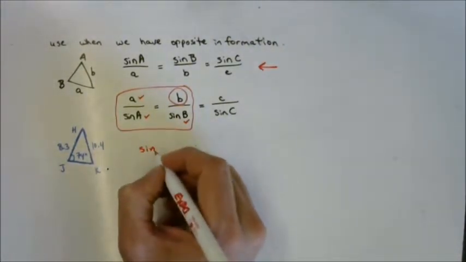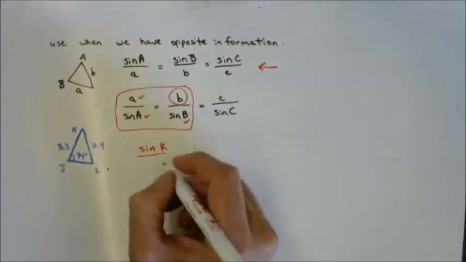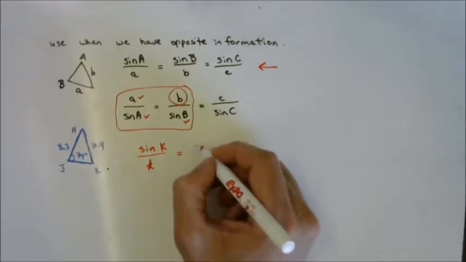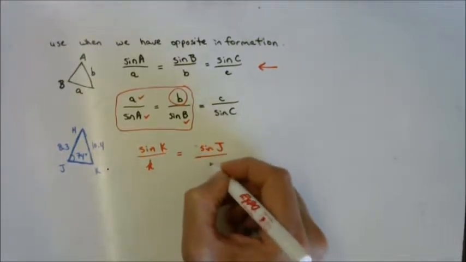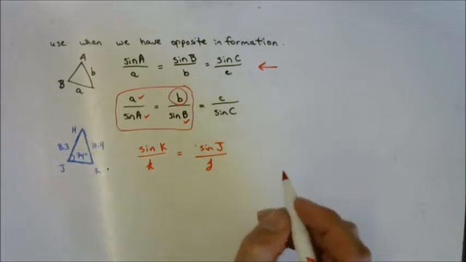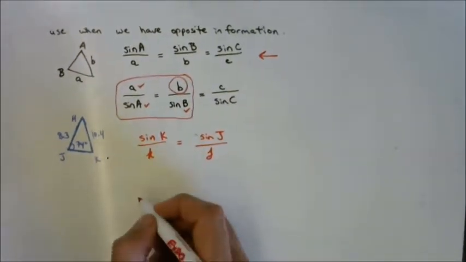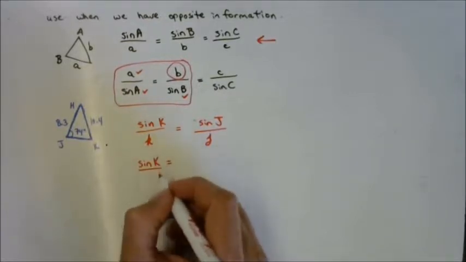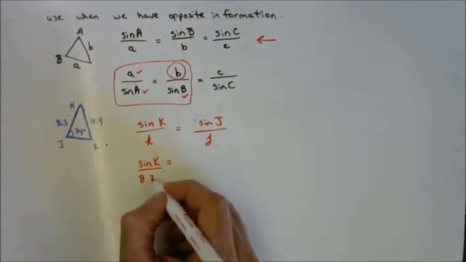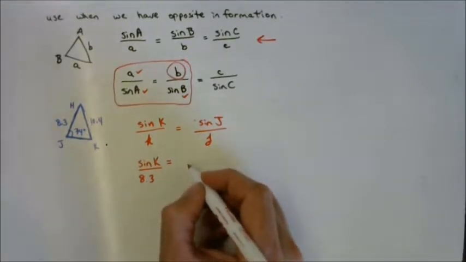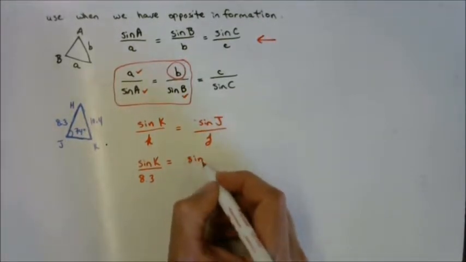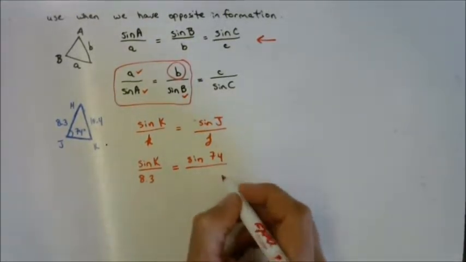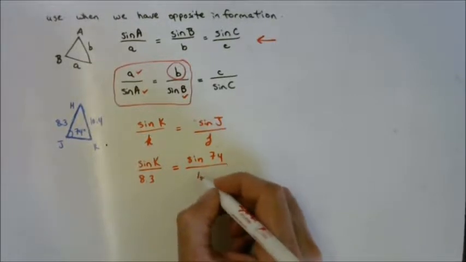I've got the sine of K over the side length K is equal to the sine of capital J over the side length lowercase j. Then I can go ahead and sub in the values that I know. Okay, I don't know the sine of K. I know the side length K is 8.3. And I know the angle J, so I'm taking the sine of 74 over 10.4.